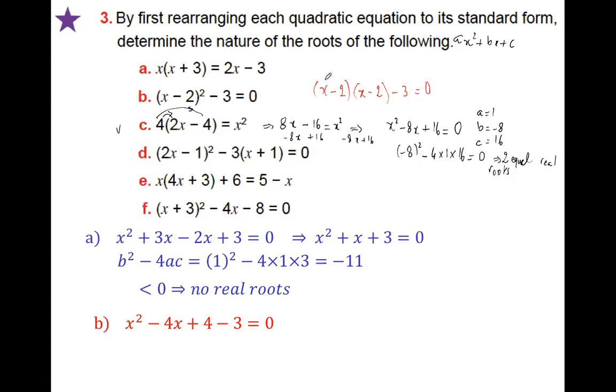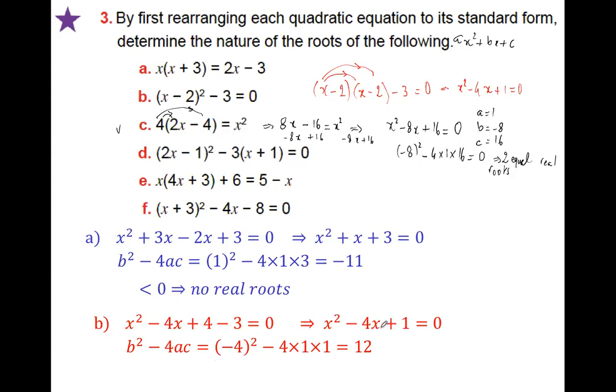And we've seen that before, where you do x times x, that's x squared, minus 2x. Then minus 2x again, that becomes minus 4x. And then you've got negative 2 times negative 2, that's plus 4, minus 3 is just plus 1. So x squared minus 4x plus 1 equals 0.